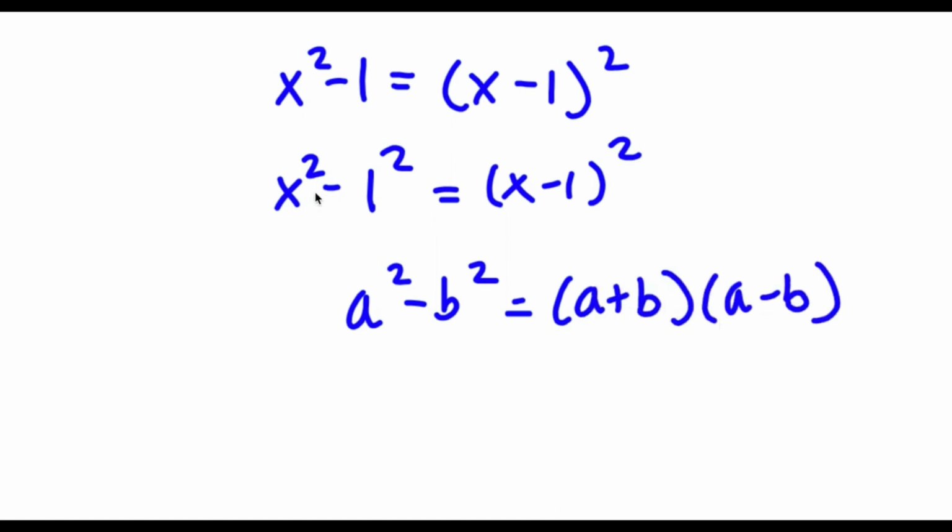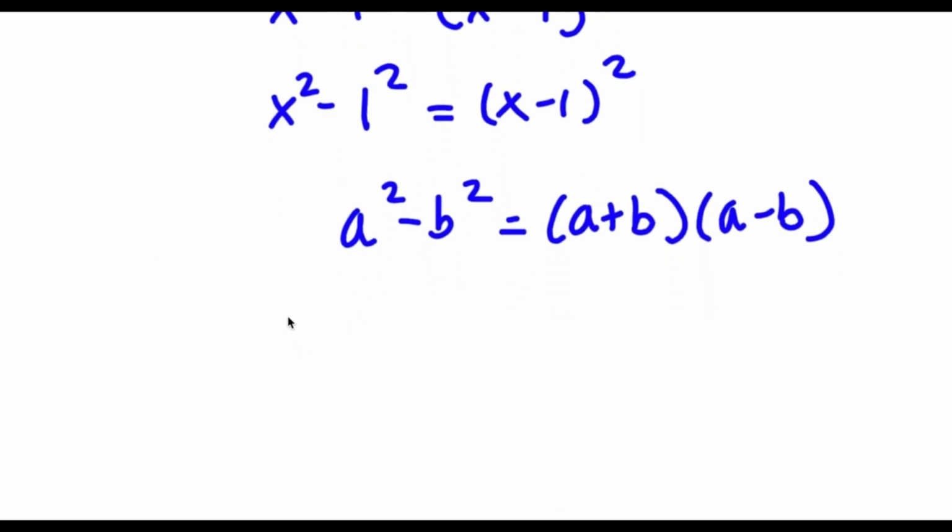So in this case, x squared minus 1 squared is going to equal x minus 1 times x plus 1. And now this is equal to x minus 1 squared.